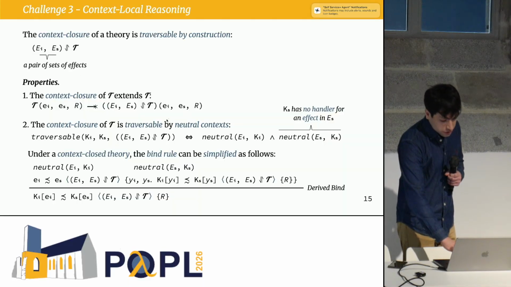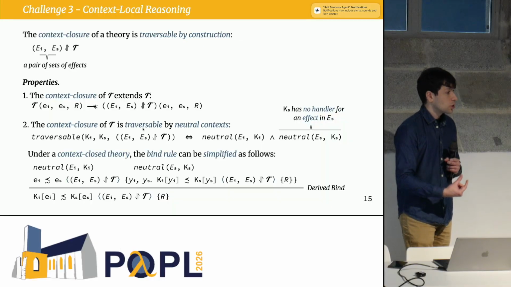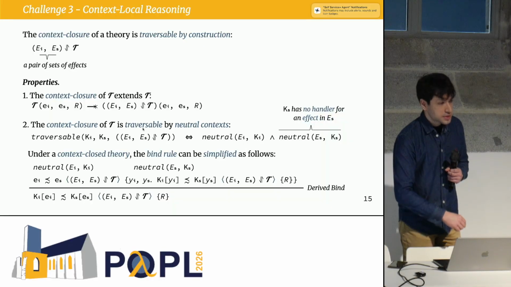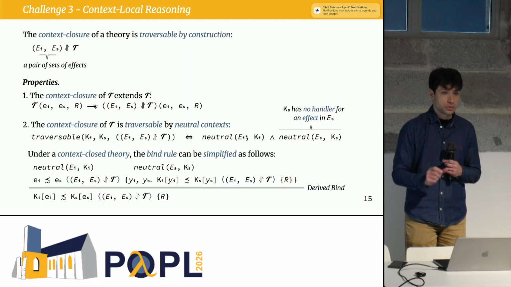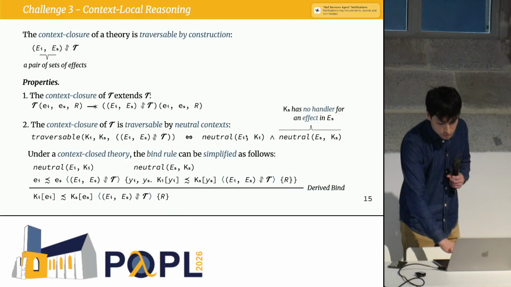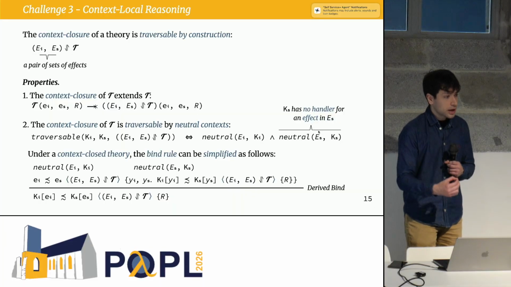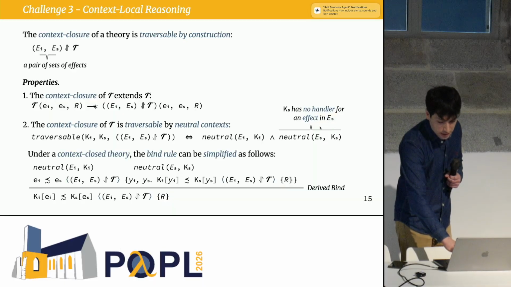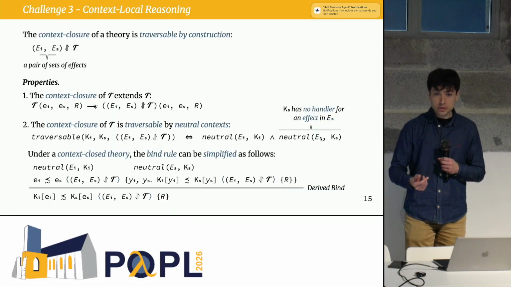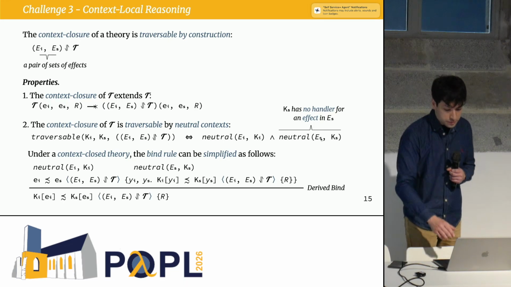The second property is that the traversable condition on a context-closed theory simplifies into a conjunction of syntactic conditions on the contexts. What this syntactic condition means is that there are no handlers in these contexts for effects in this set, but there could be handlers for effects not in this set.